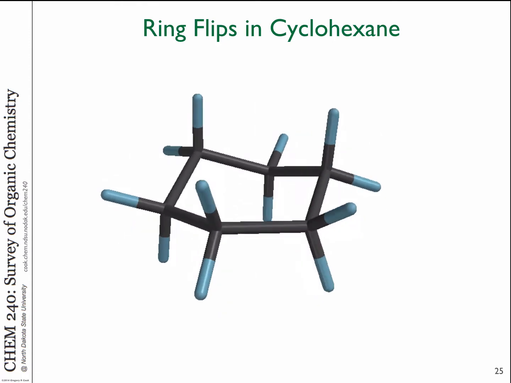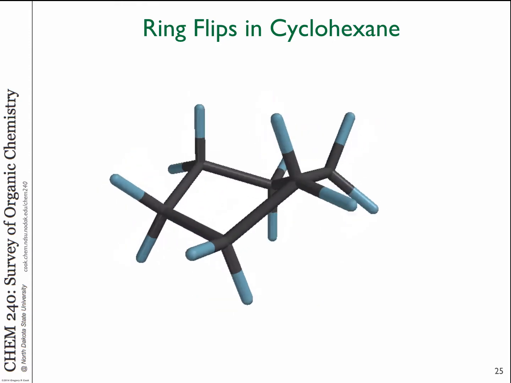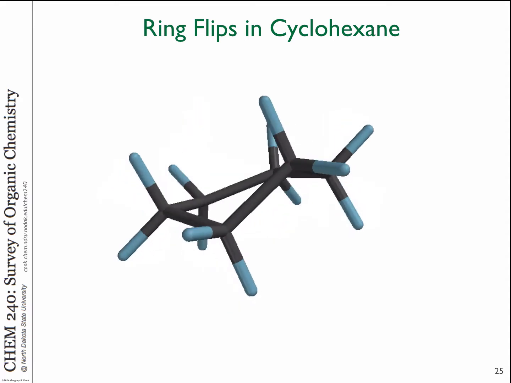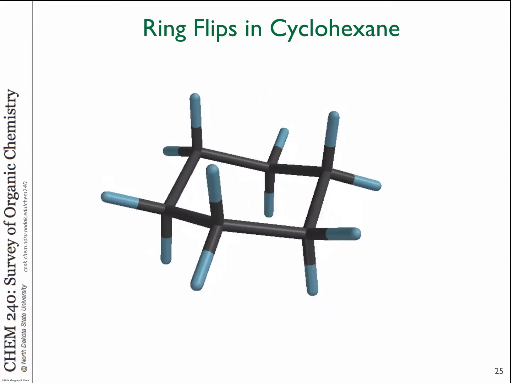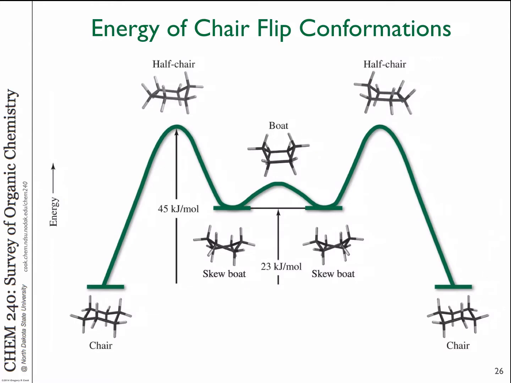One thing I want you to notice here: I haven't color-coded the hydrogens in this particular movie, but when you switch from one chair structure to the other, when you do what we call a ring flip, every hydrogen that was axial before became equatorial, and every equatorial hydrogen became axial. And hopefully I'll be able to show that in a minute.